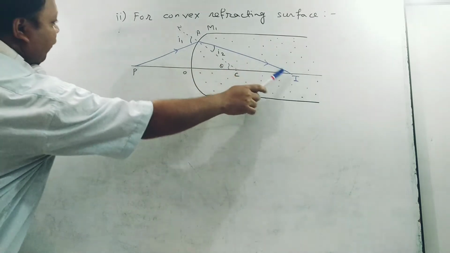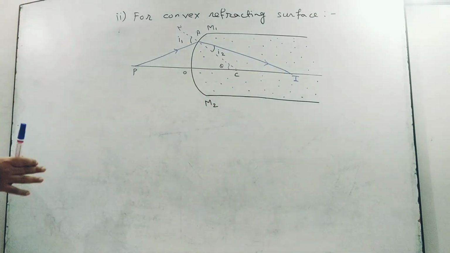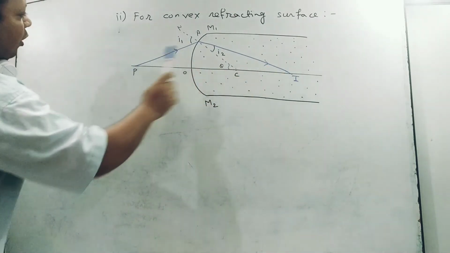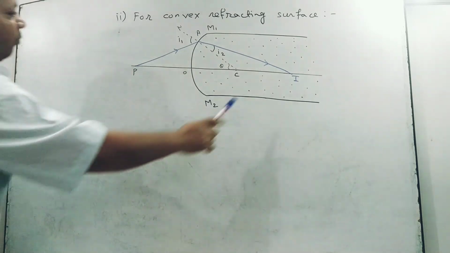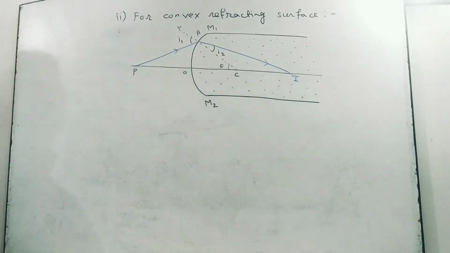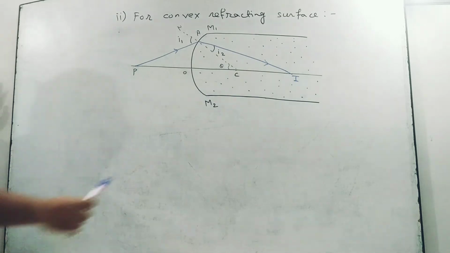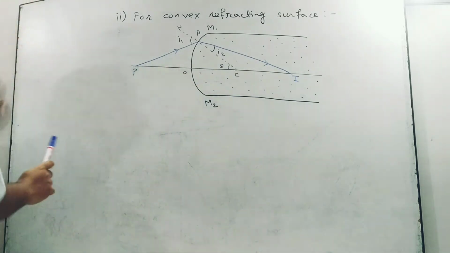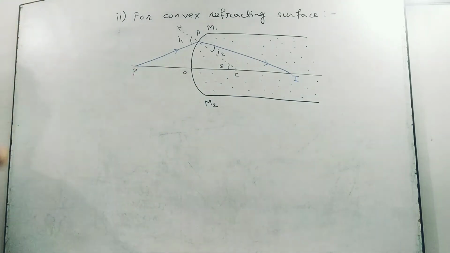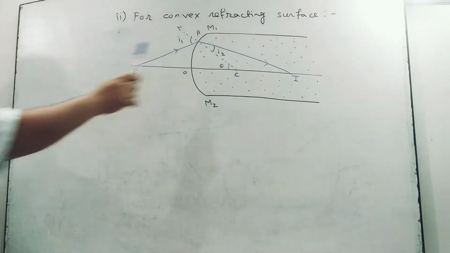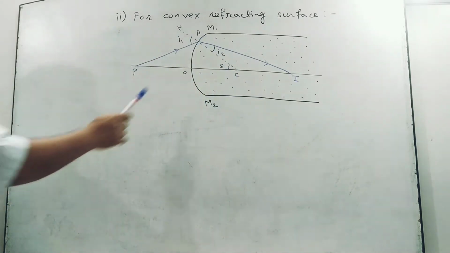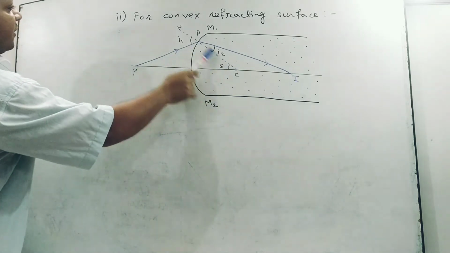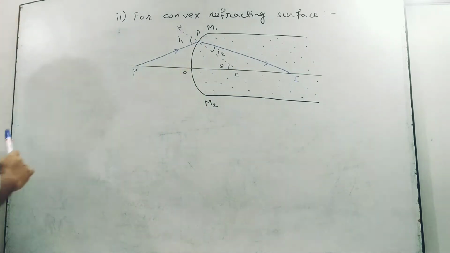AI is the refracted light ray which intersects the axis of the surface at the point I. That's why I is the image of the point P. Here P is placed on the axis of the surface. C is the center of curvature. Therefore CN is the normal at the point A.